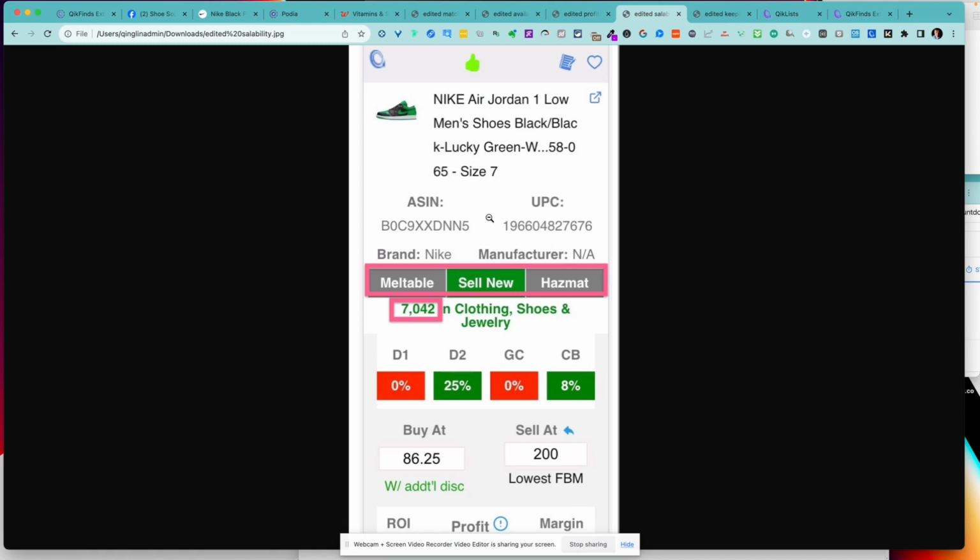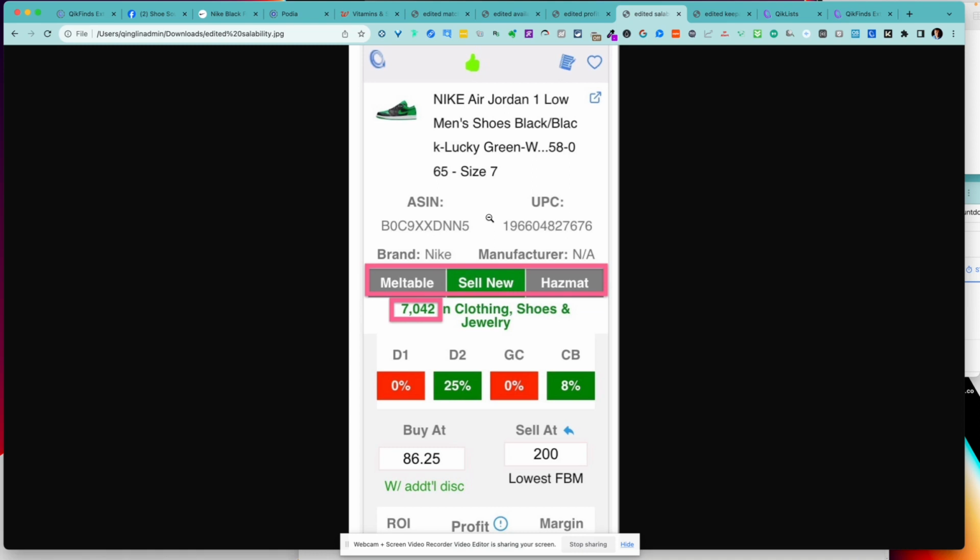First of all, when you consider something that you want to sell on Amazon, you want to make sure you're not restricted. In this case, for these particular shoes, I am not gated. I'm not restricted. I can sell new, shown by the green 'Sell New' indication, which is good. You have to be able to sell, meaning Amazon allows you and you're not gated or restricted.